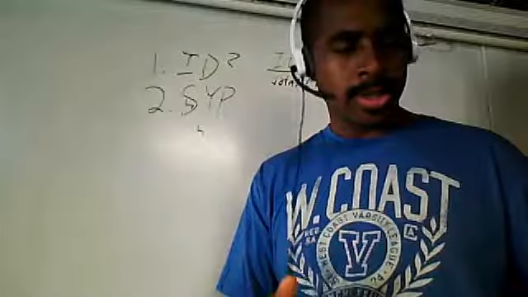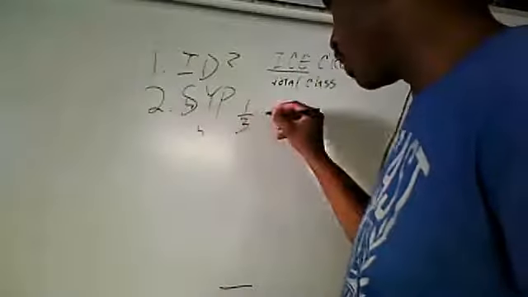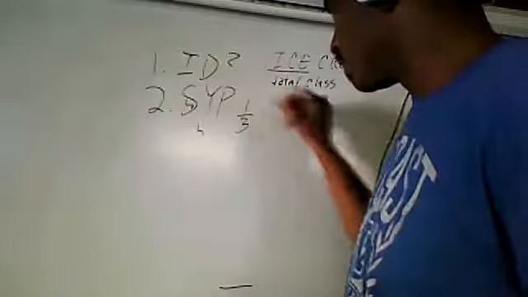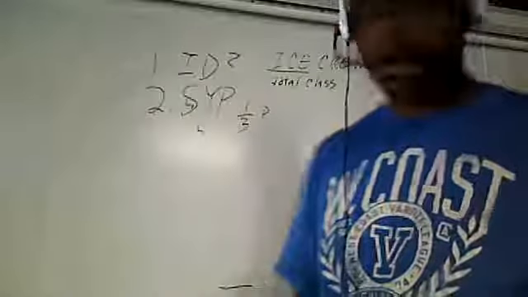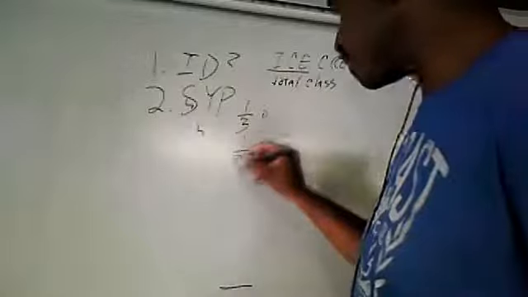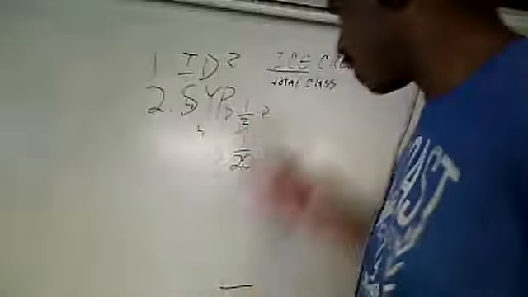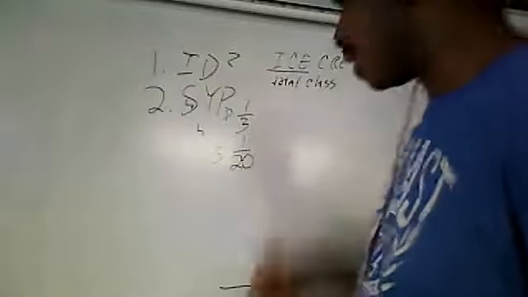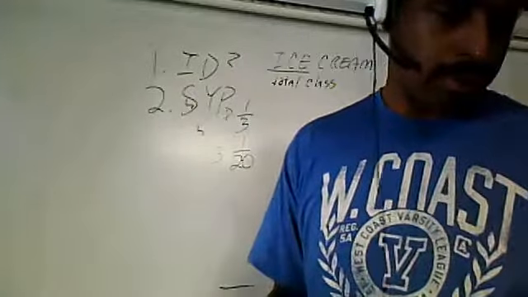The information they gave us was that 1/3 voted for pizza. So we're going to come right here and put 1/3, and that's pizza. I'm going to put a P right there for pizza. And then they said 1/20th voted for sushi. I'm going to put an S right there for sushi. And then they said 1/5 voted for burgers.